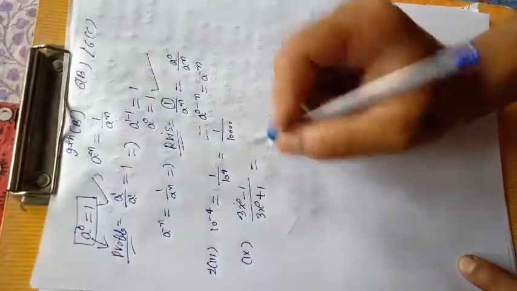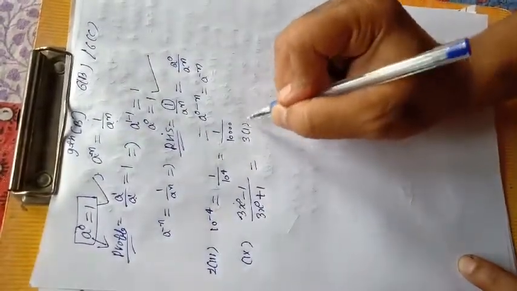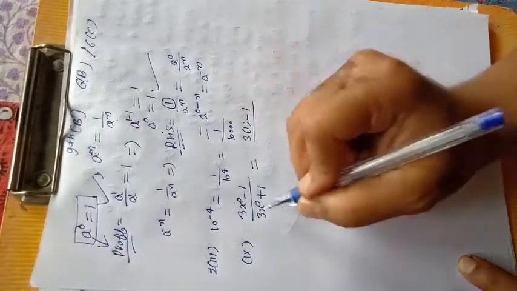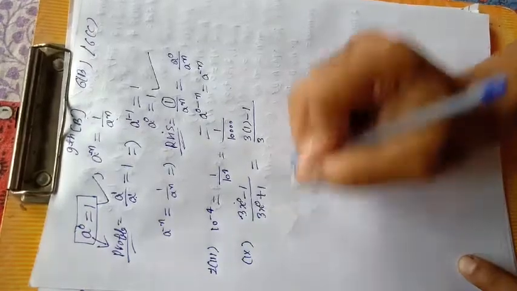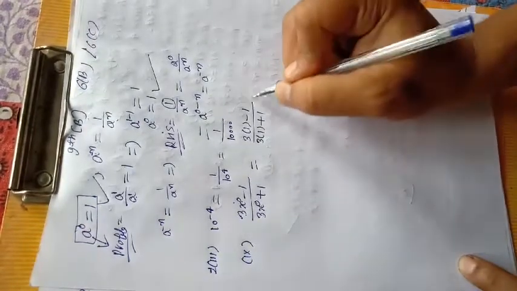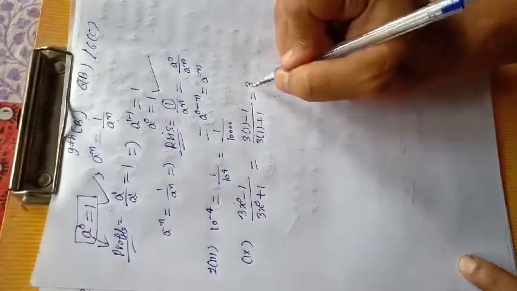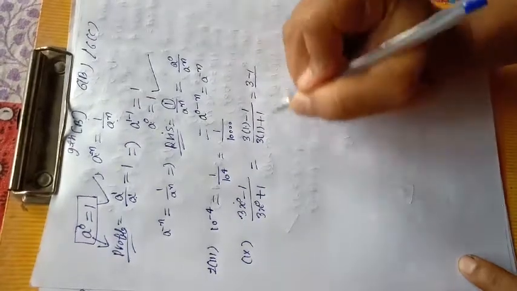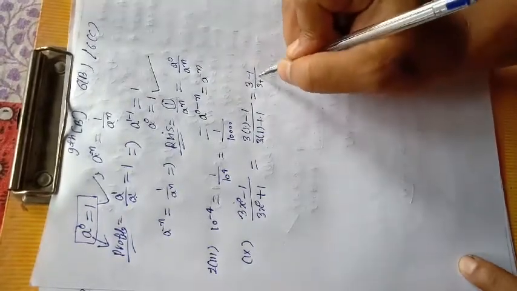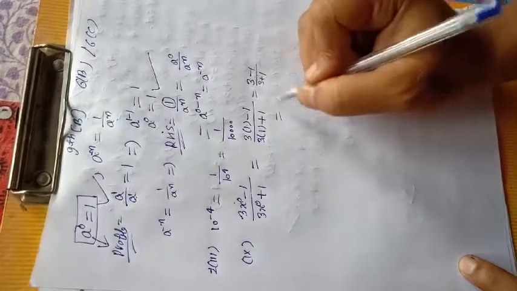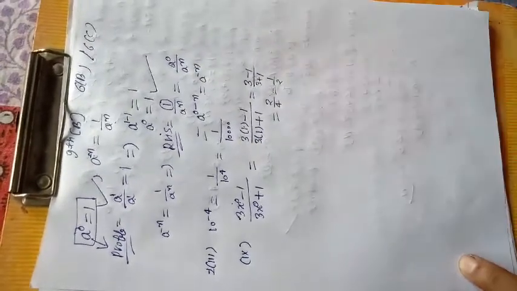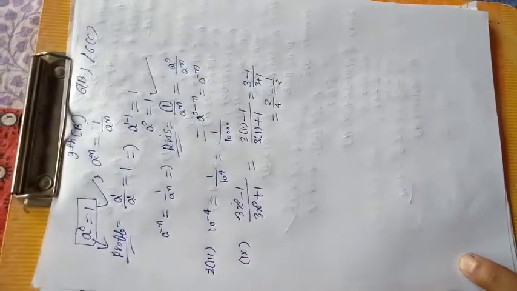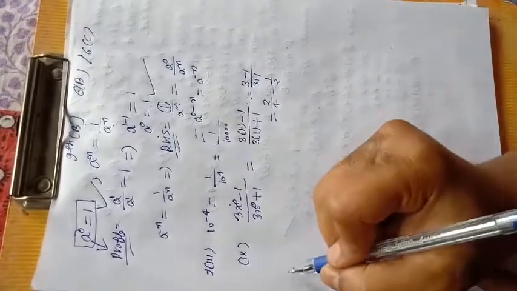So x to the power 0 equals 1, and this gives 3 into 1 minus 1 upon 3 into 1 plus 1, which equals 3 minus 1 upon 3 plus 1, which is 2 upon 4, that is 1 upon 2. Answer.